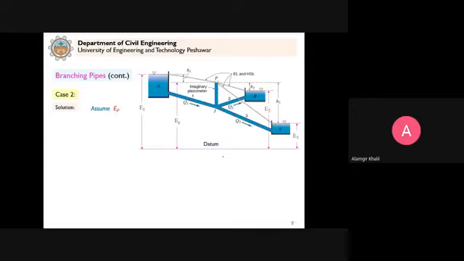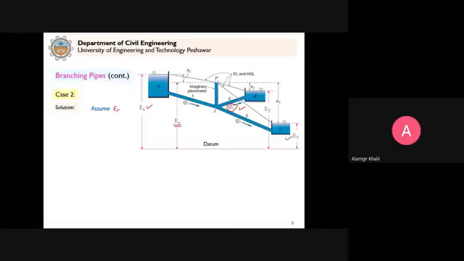First, you have to assume the value of EP, because now E1 is given and E3 is given and Q2 is given. This will be given to us. So we don't know this EP. Clear?